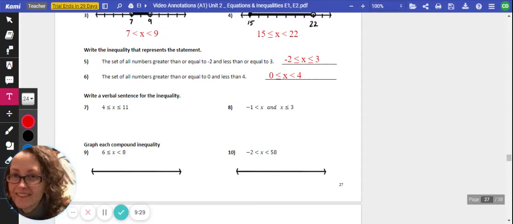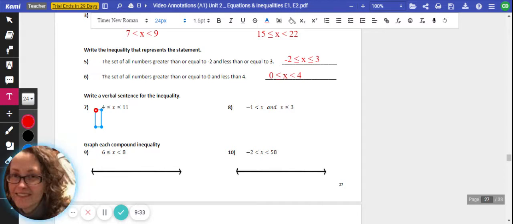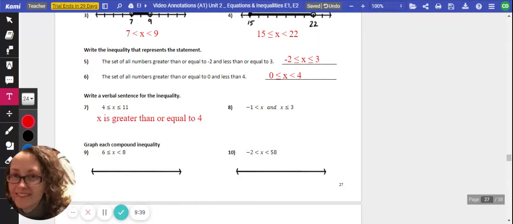So writing a verbal statement for this inequality, again, I want to read from my variable. So x is greater than or equal to 4, and x is less than or equal to 11. So I want you to go ahead and try the next one on your own, and then I will put the answer on the screen.